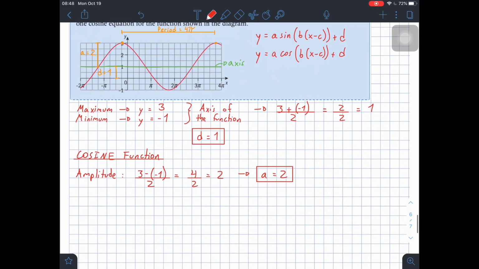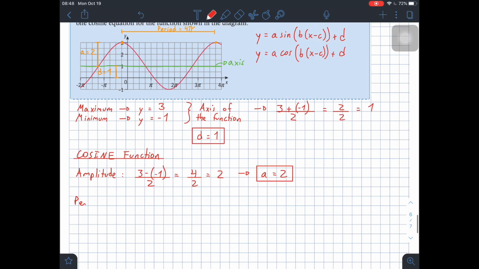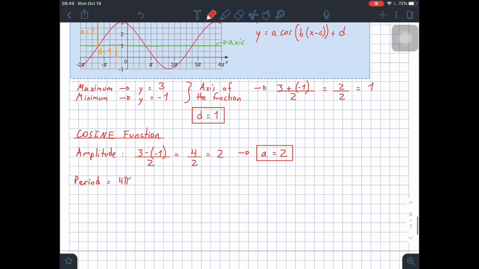Okay, then we already know that the period of this function is 4 pi. If the period is 4 pi, remember the formula for the period. Period is always equal to 2 pi over b, right?